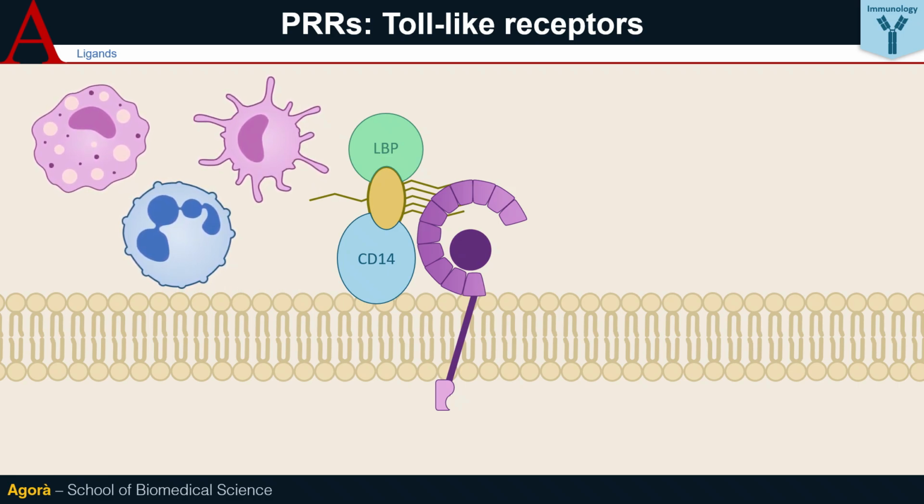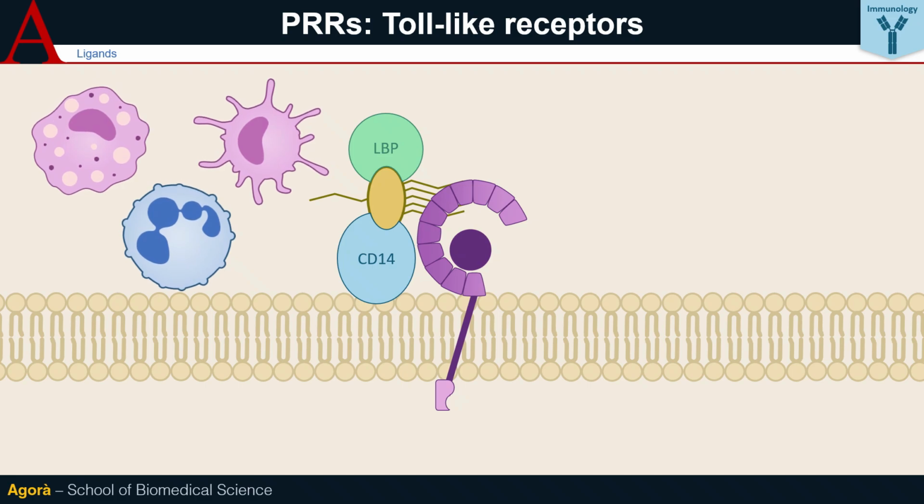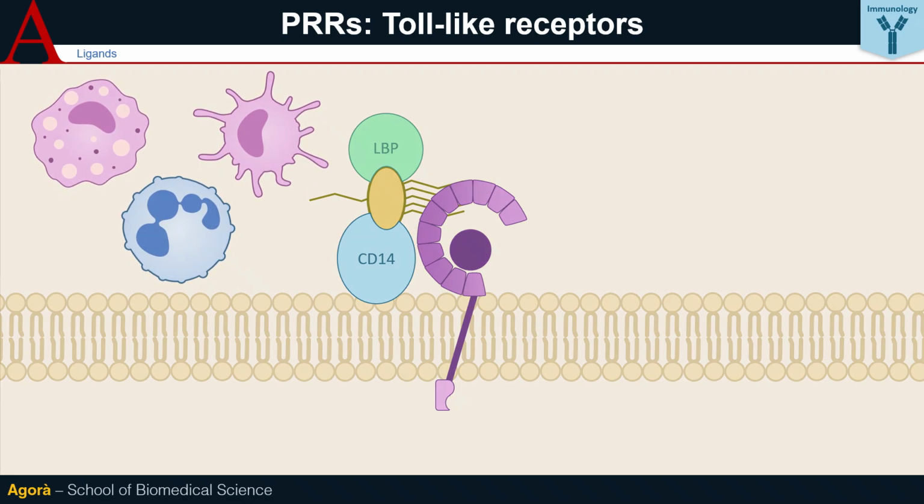Once bound, LBP transfers the LPS to a second protein, CD14, expressed by macrophages, dendritic cells, and neutrophils. CD14 can then activate TLR4 and also serves as a phagocytosis receptor.